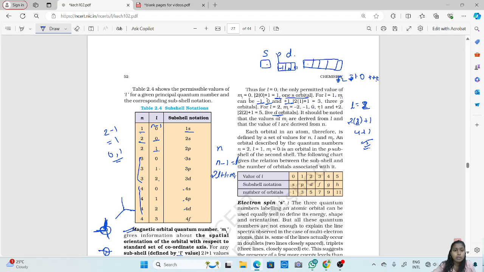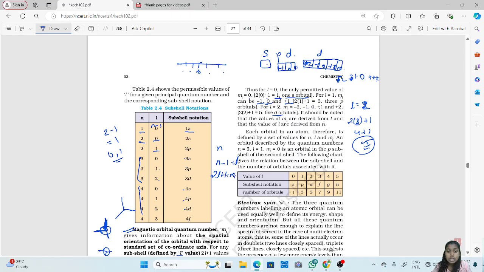You will have 0 because you are getting an answer of 5, so you should have 5. So plus 1, plus 2, minus 1, minus 2. So 1, 2, 3, 4, 5. So d will have 5 orbitals. This one will be -2, -1, 0, +1, +2. So this is how the orbitals are given.